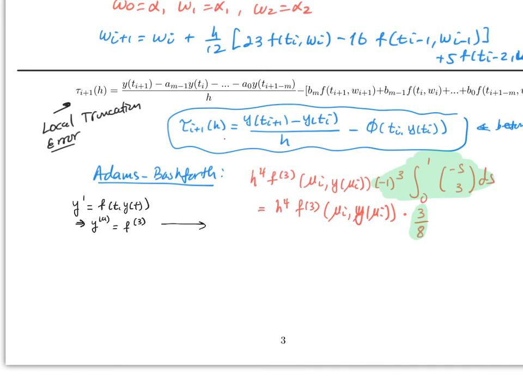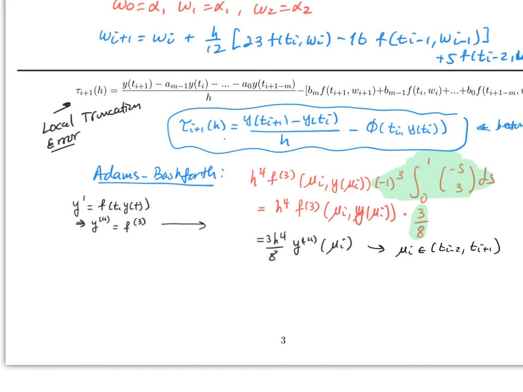So using that, we can rewrite this as 3h to the 4 over 8, the fourth derivative of y evaluated at mu i, where mu i is between ti minus 2 and ti plus 1.